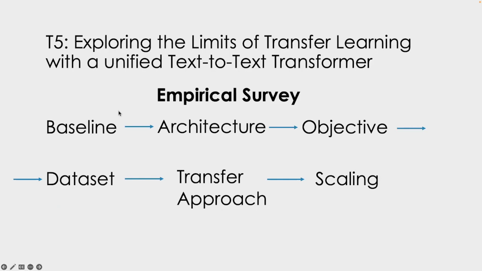So the T5, actually the title of the paper is Exploring the Limits of Transfer Learning with a Unified Text-to-Text Transformer. It has done a very comprehensive empirical survey and comparisons on the architectures, objectives, all the different practical dimensions of how you can train and apply a transformer model.